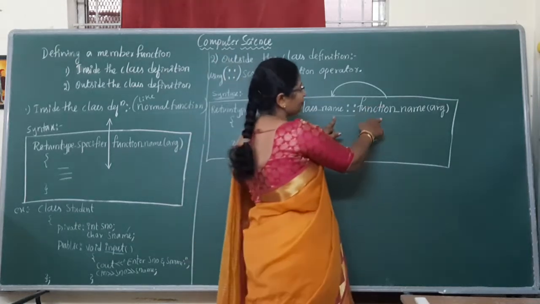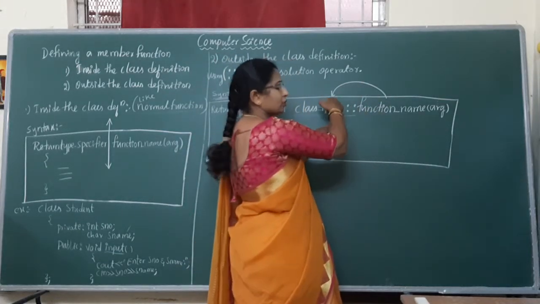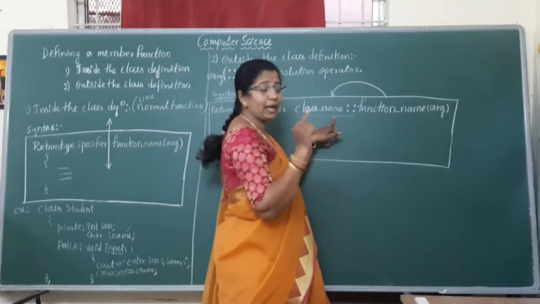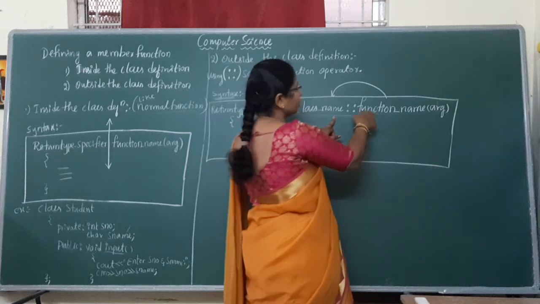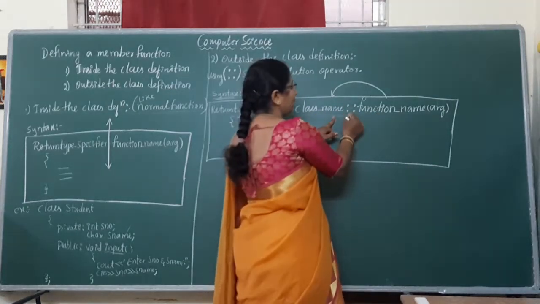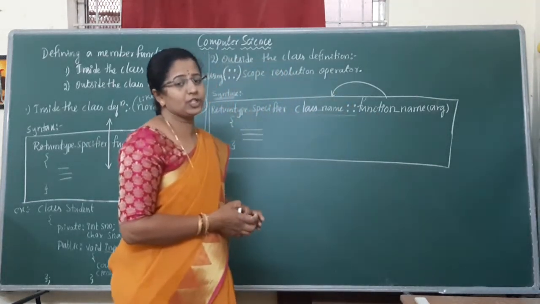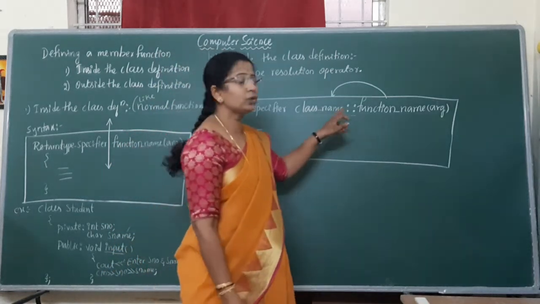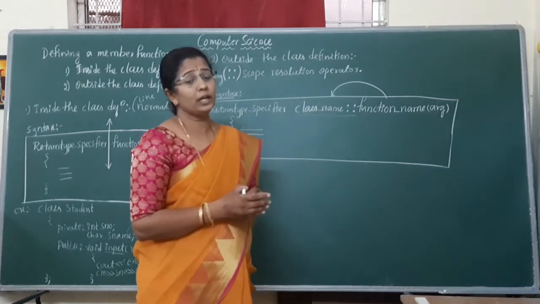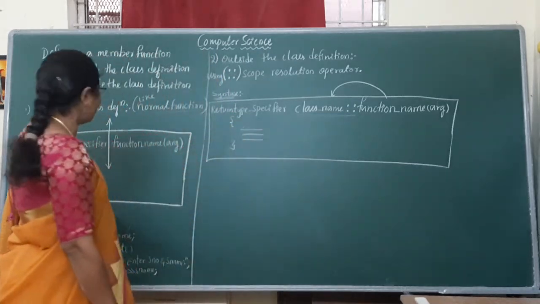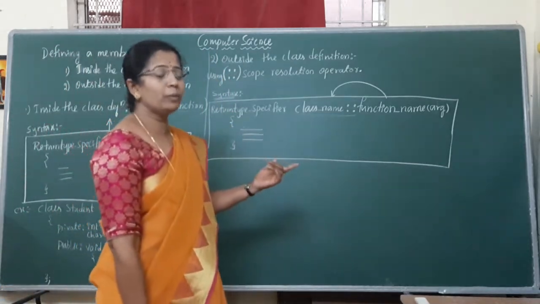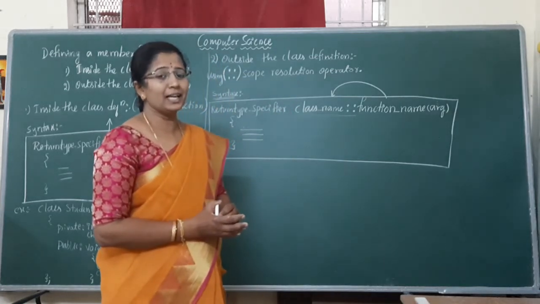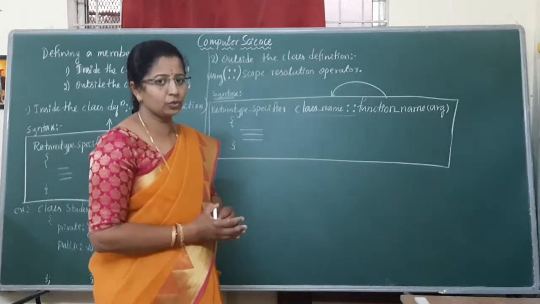That means this function belongs to which particular class, and the connectivity will be established between the member function and the class with the help of scope resolution operator, that allows you to access the variables declared inside the class globally, outside the class definition. Did you get it, students?